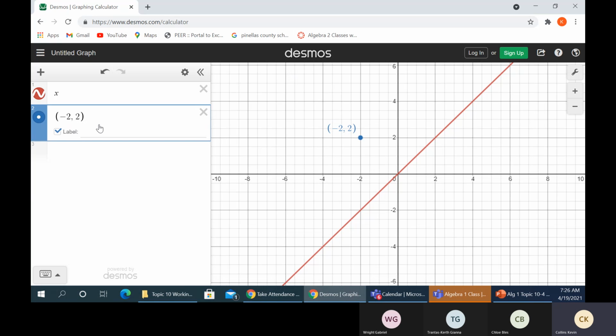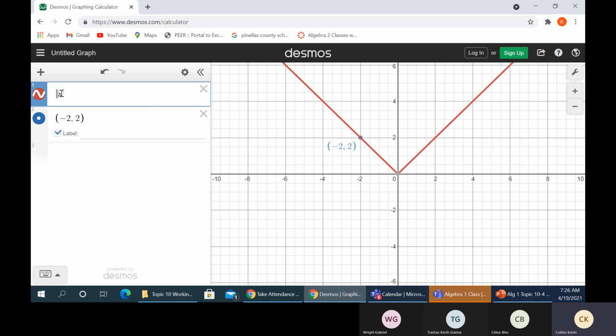Check this out. We'll put in the absolute value signs here. And notice our graph now on this side goes up and went right through the point that we put on there, didn't it? So our graph is now V-shaped.